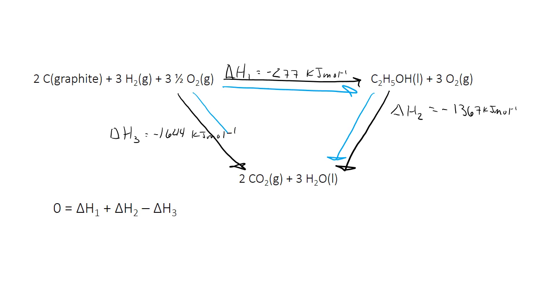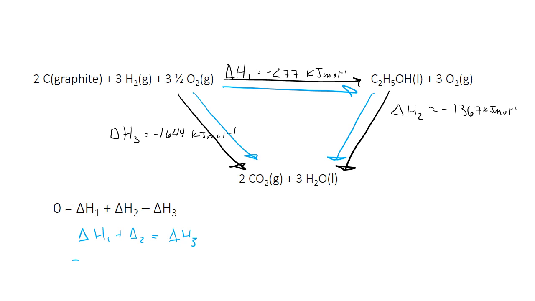Because delta H3 is going in a different direction, we are going to subtract it. Therefore, we can manipulate this to solve for an unknown. So we could say that delta H1 plus delta H2 equals delta H3, which makes sense if you look at the arrows in the cycle.